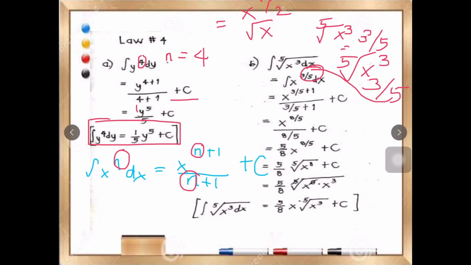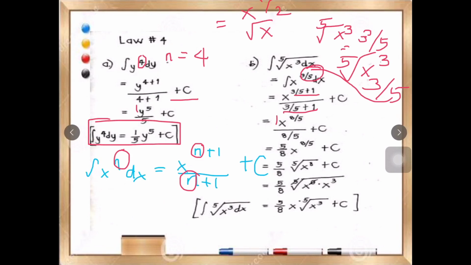So, if we integrate x raised to 3 over 5 dx, our n, or our exponent, is 3 over 5. Add 1, and we will get 8/5. So, by simplifying, we will get x raised to 8 over 5 over 8 over 5 plus c.